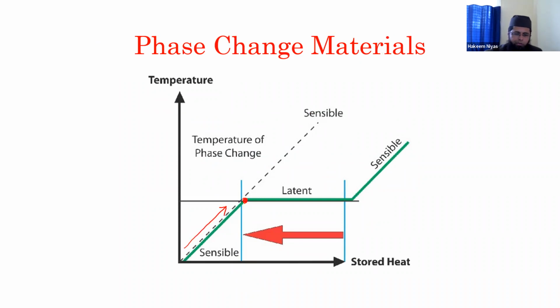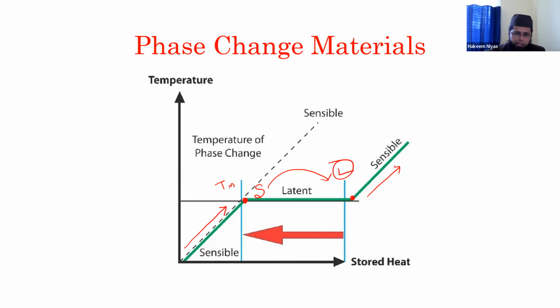And after that, once it reaches the melting point or the phase change point, then it will also take the heat, but the temperature will not rise. So that is what is called latent heat. And in this, it converts from solid to liquid. And after that, it will take heat and the temperature rises sensibly.